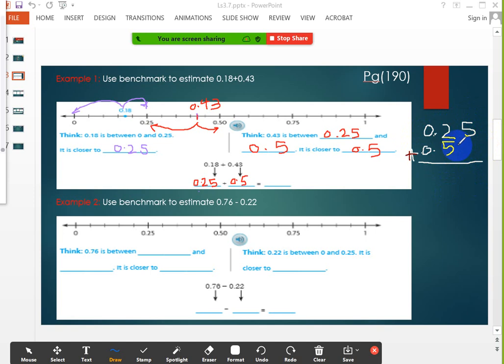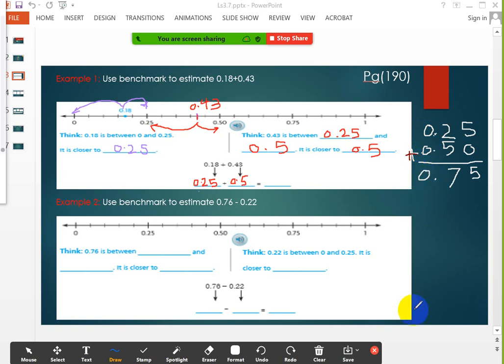5, I have here nothing. That means the value of the digit is 0, right? So 5 plus 0 equals 5. 2 plus 5 equals 7. What about the decimal point? I will take the decimal point and put it right here under the decimal point in the same location. Now 0 plus 0 equals 0.